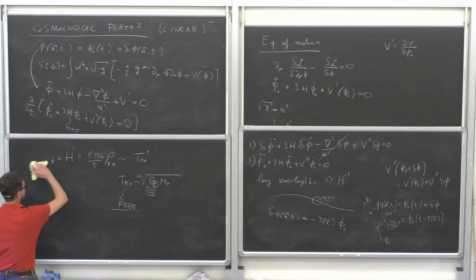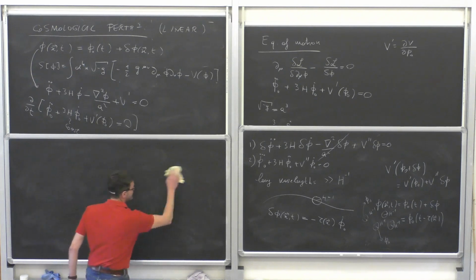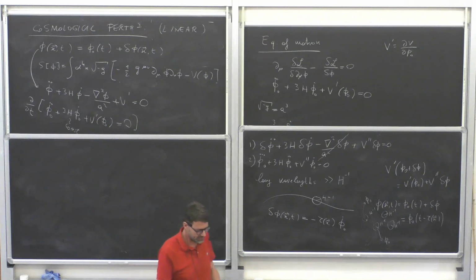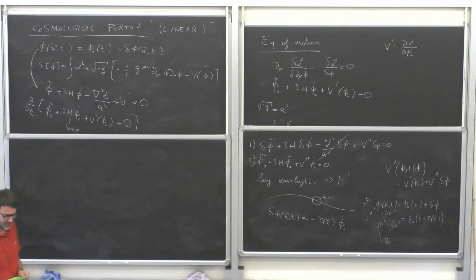I want to do an exercise which will be basically the cornerstone of all the cosmological perturbation. The moment you understand this exercise, you are done. Okay, you will understand the fluctuations generated during inflation. So the exercise is the following.